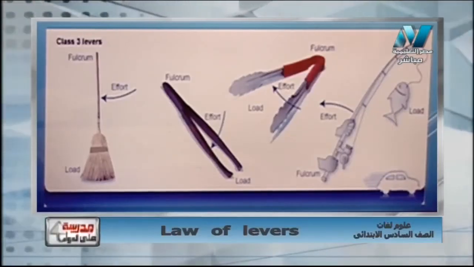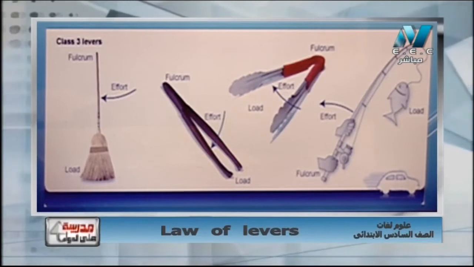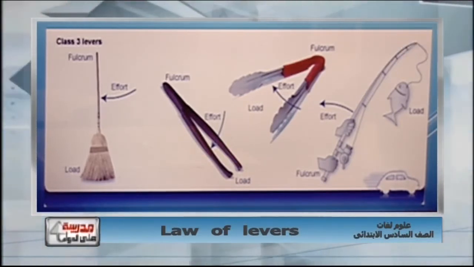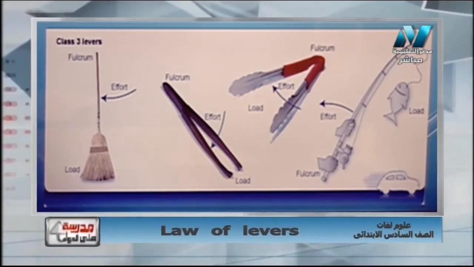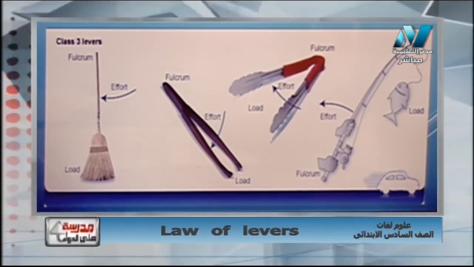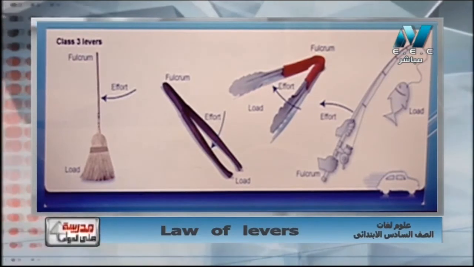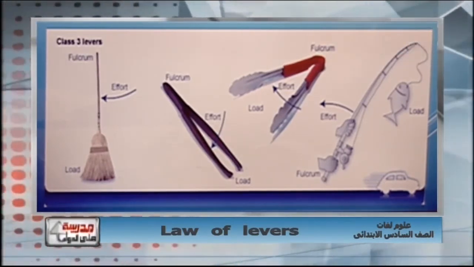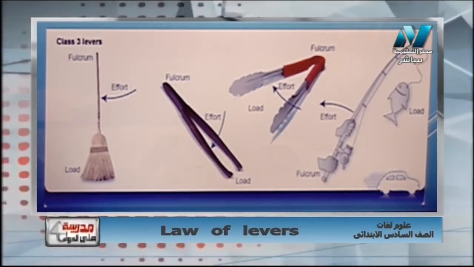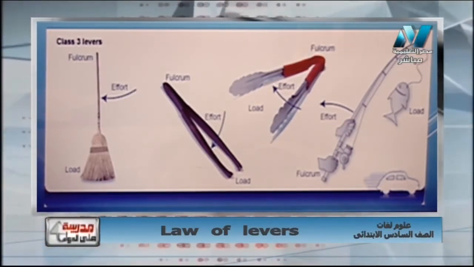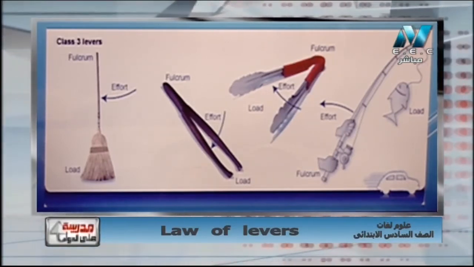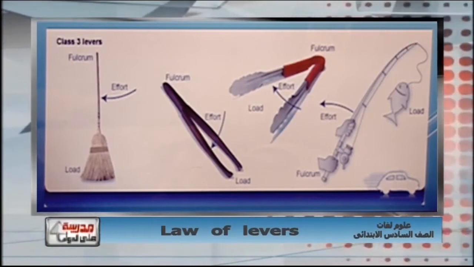As you see, these are some types of third class lever: tweezers, coal holder, fishing hook, manual broom. All these kinds of third class lever never conserve effort. Why? Give reason. Because effort force arm in third class lever is always shorter than resistance arm.